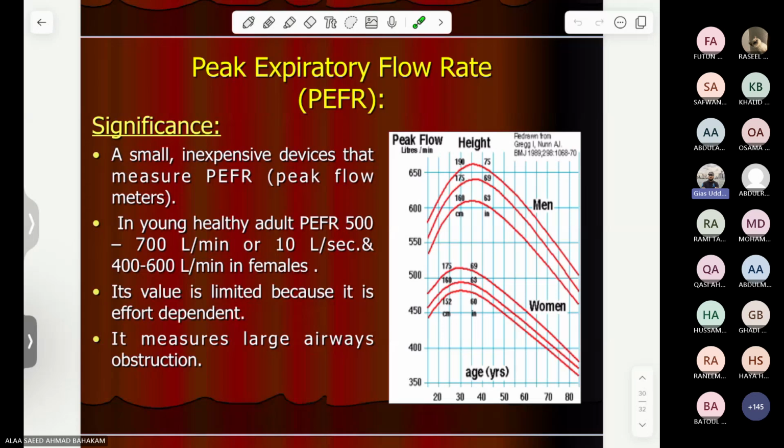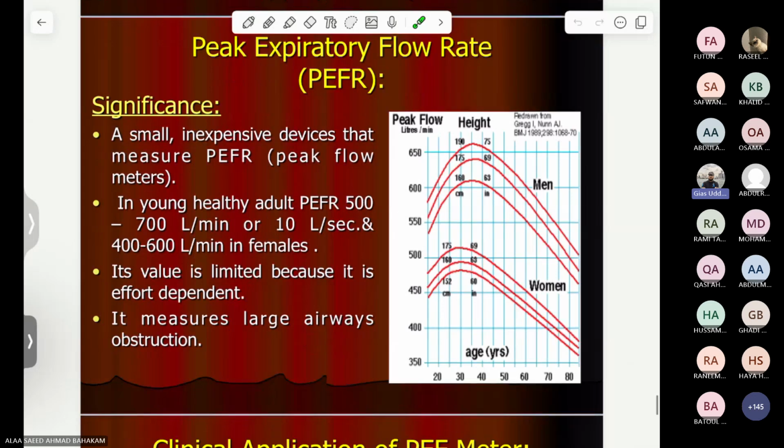Now in a young healthy adult, peak flow rate is 500 to 700 liters per minute, as you see from the figure. Also, its value is limited because it is effort dependent. It measures large airway obstruction, not the terminal bronchioles, only the larger airways like the bronchi, primary, secondary, tertiary, but not the smaller bronchioles. Okay, go to the next one.